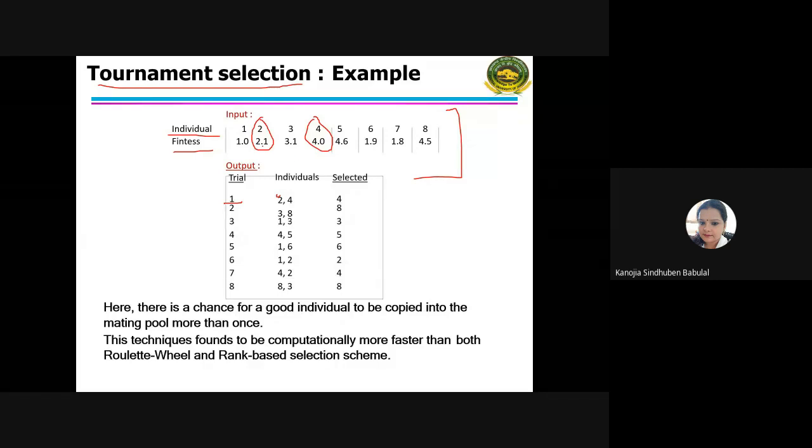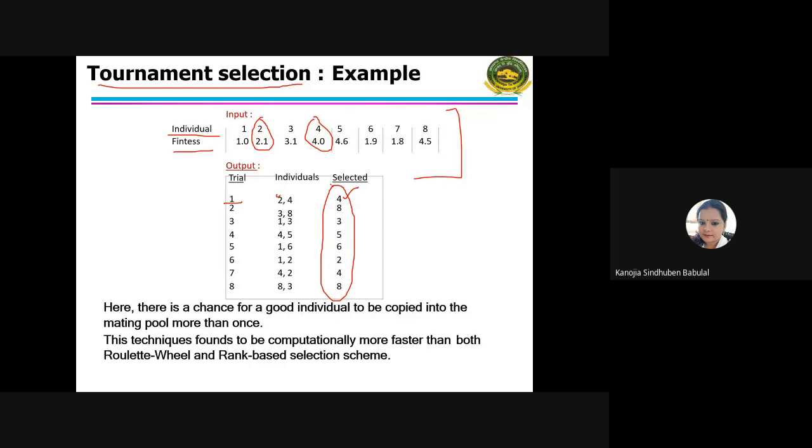From 2 and 4, 4 has a fitness score of 4.1, so obviously 4 is selected. In the same way, in the next trial we have 3 and 8, and 8 has the higher fitness score, so accordingly these are selected. This is the tournament selection strategy.